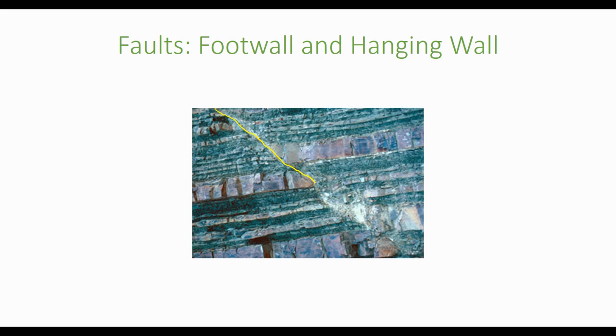And I'm not going to trace it that well, but this is the fault right here. So this side is the footwall. And remember, that is the side of fault that looks like you can climb it with your feet.